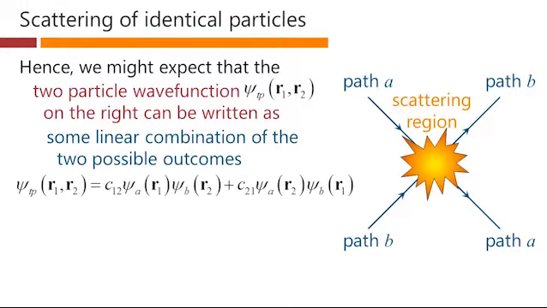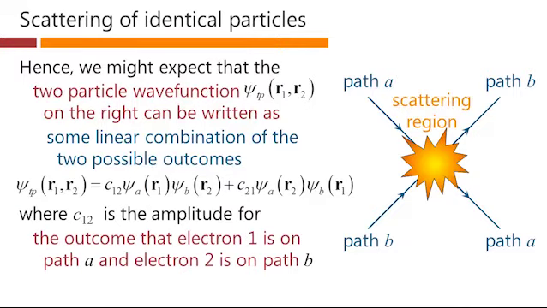That is, particle 1 on path A and particle 2 on path B, with some constant out here, and particle 2 on path A and particle 1 on path B, with possibly some other constant here. And as I said, C12 is the amplitude for the outcome that electron 1 is on path A and electron 2 is on path B. And oppositely for this other amplitude, C21 here.